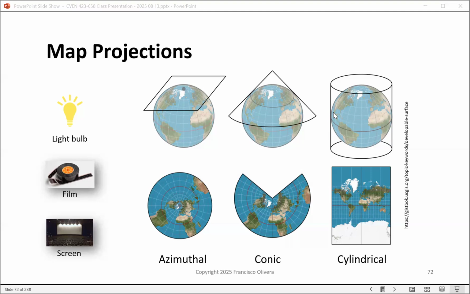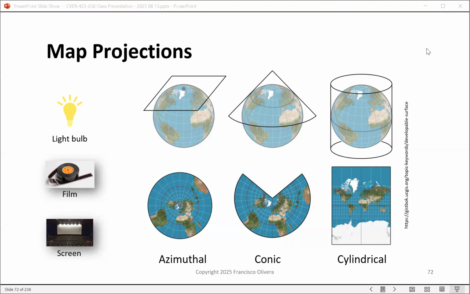And if the angle of the cone at the highest point up here is large, I mean, close to 180, then the parallel of tangency is going to be close to the North Pole.